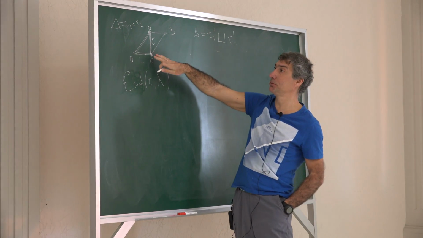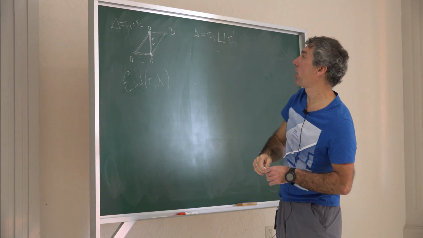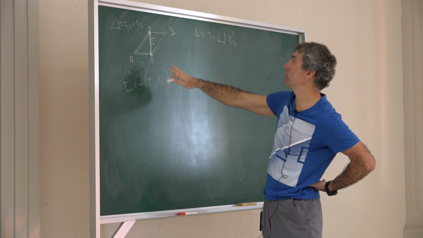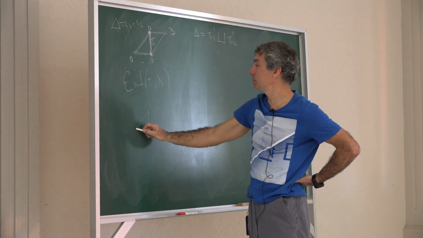There are 4 ways to do it. And for each of the ways, I'm taking a particular function lambda. So I have 4 twisted polytopes.